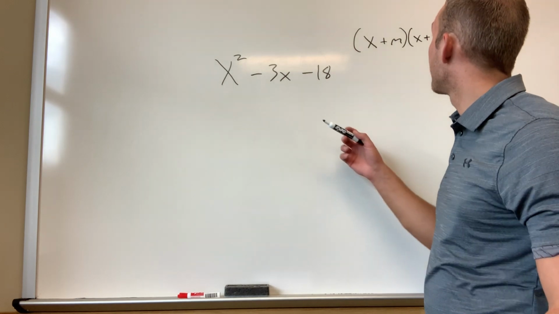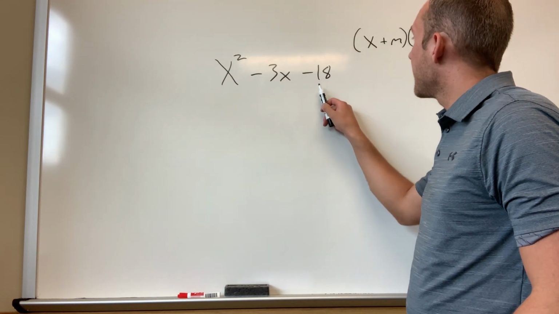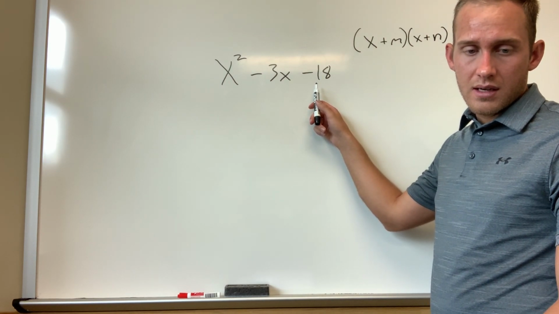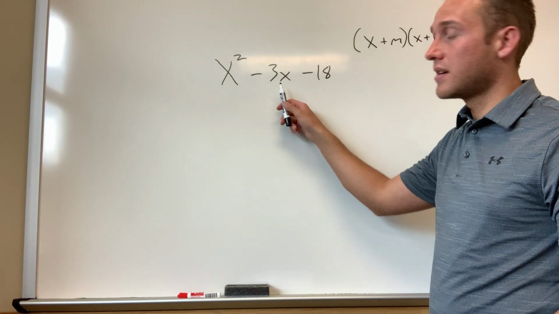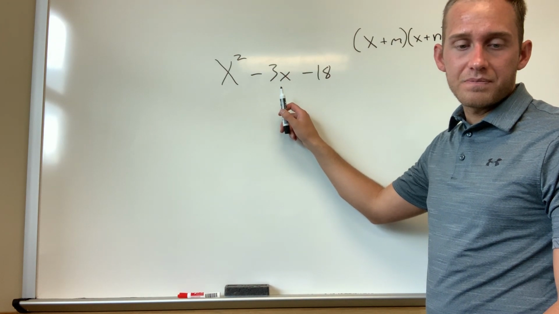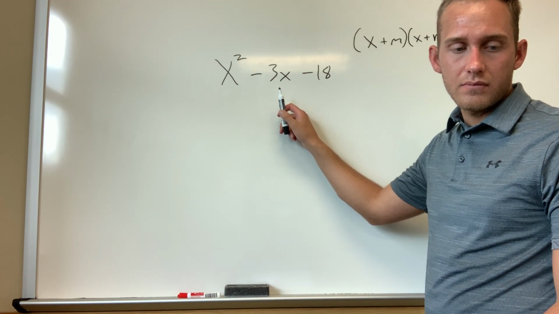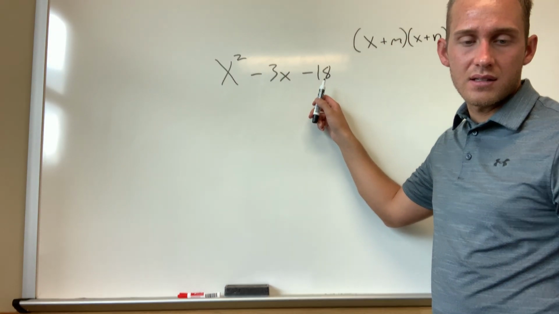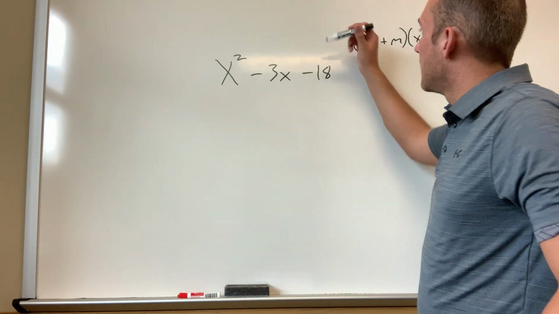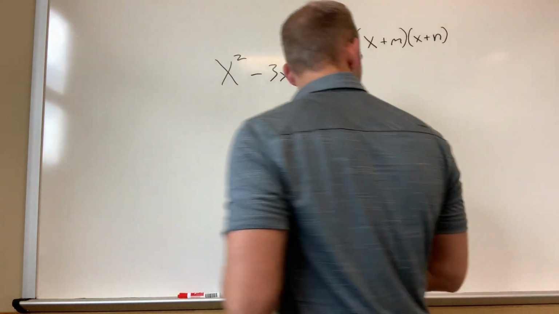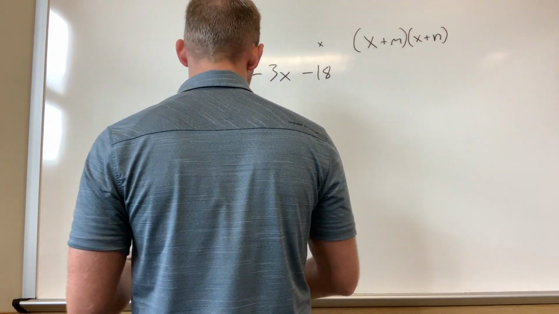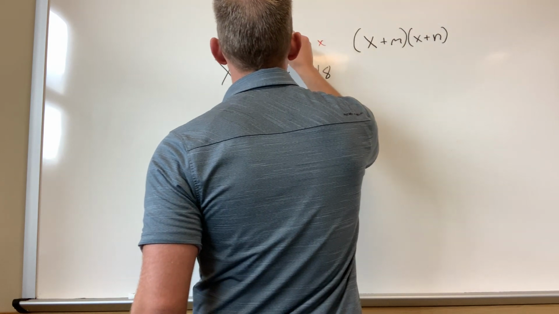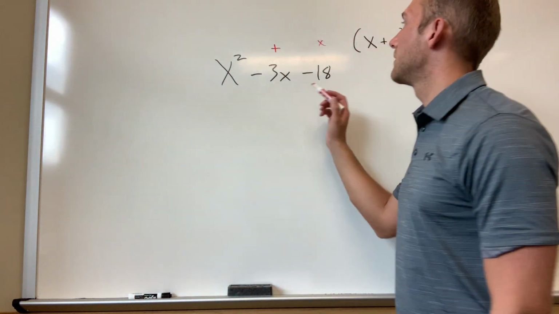So basically we just want to find two numbers, m and n, that times into this, but add into this. So it can be a little tricky, but two numbers that times into this and add into that.